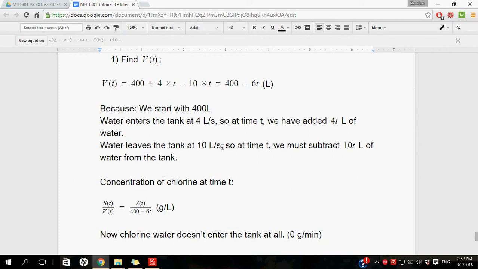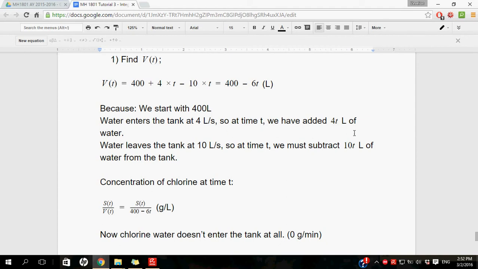The next thing we know is that water leaves the tank at a rate of 10 liters per second. Therefore, at time t, we must take away from the tank 10t liters of water.